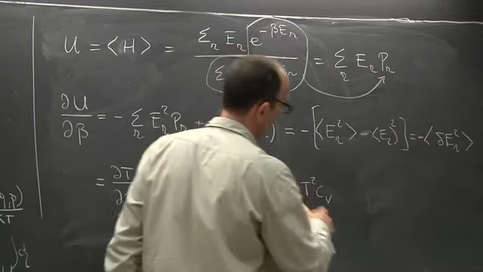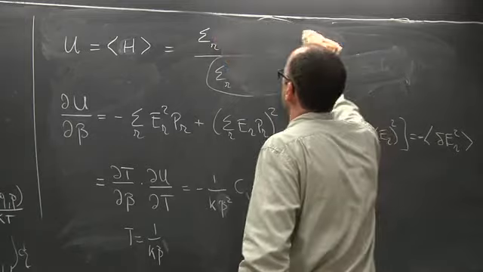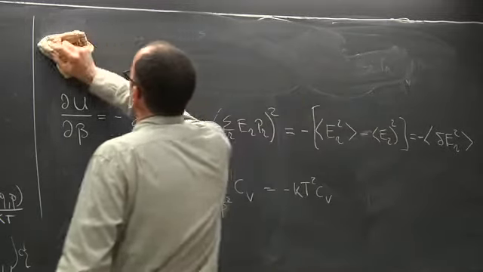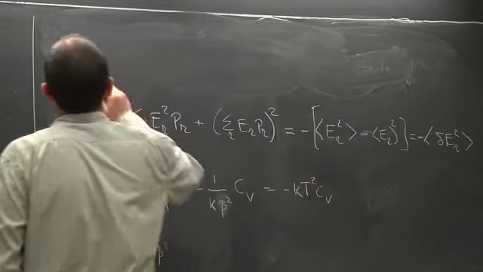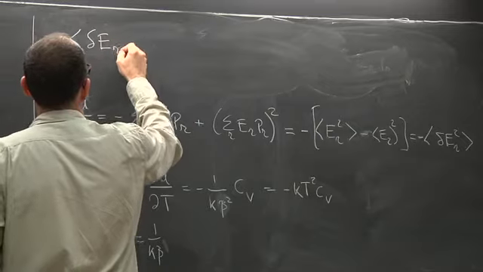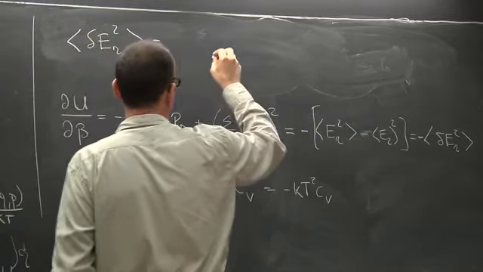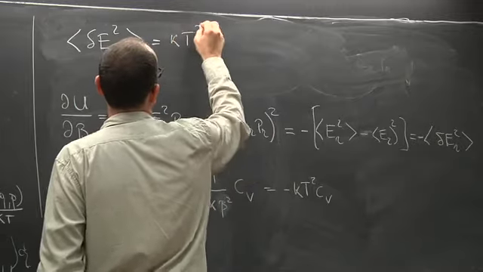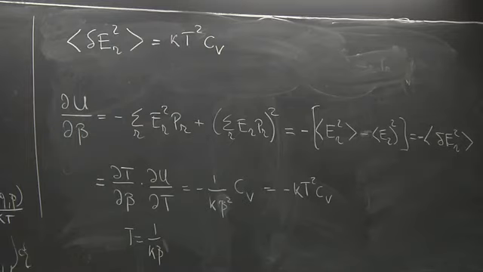So if you compare these two equations, you get a very interesting result: that the fluctuations of the energy are equal to kT squared times the specific heat. Okay?